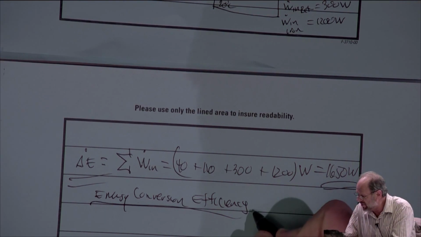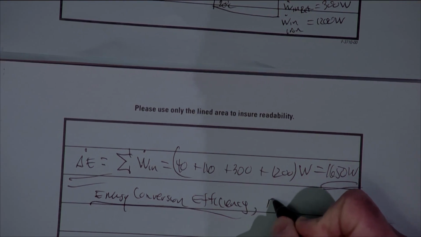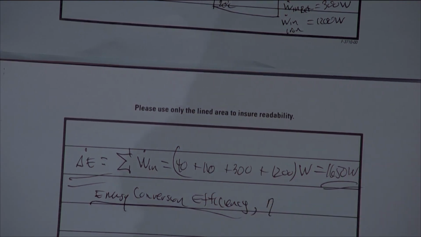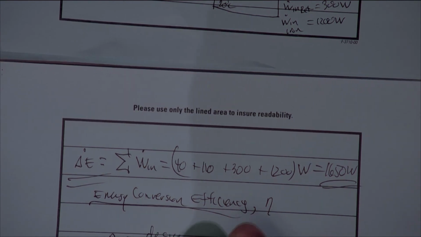First of all, the energy conversion efficiency is given the Greek letter eta. Eta is always the term we use for efficiency. We're going to define this energy conversion efficiency as follows: it's the desired output divided by the required input.